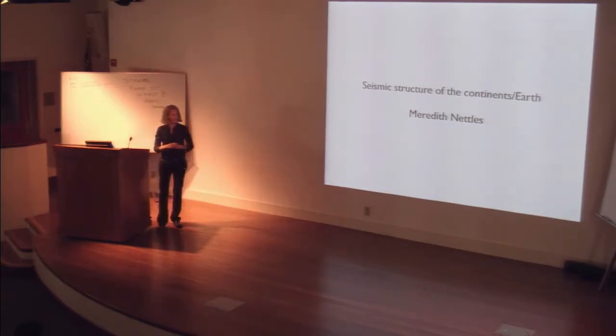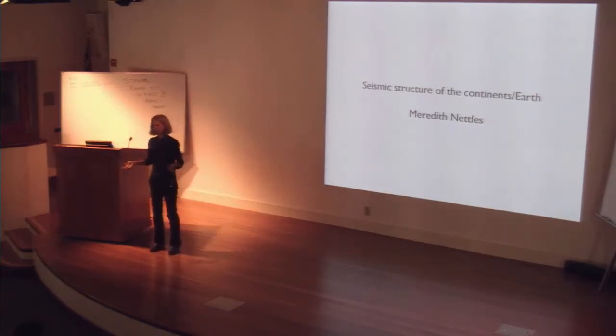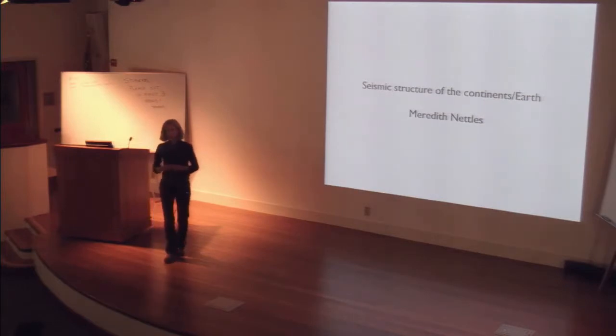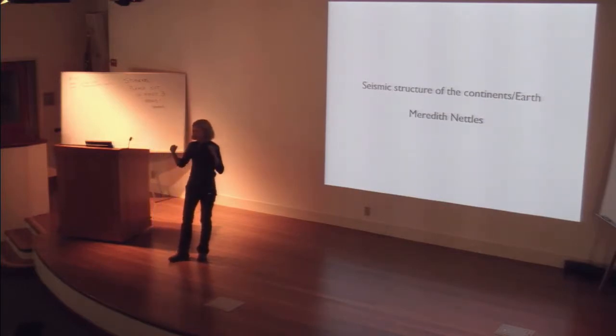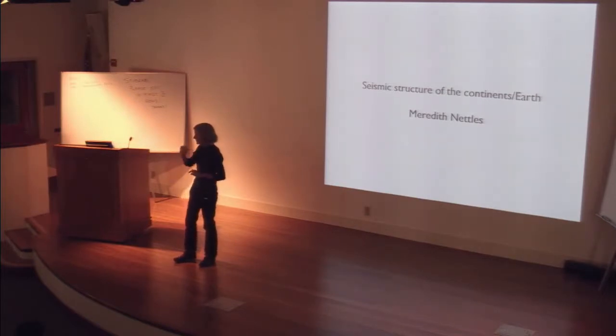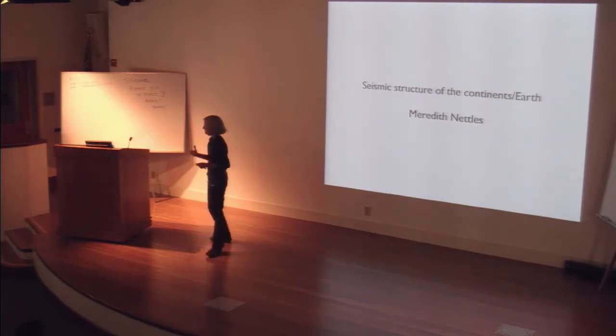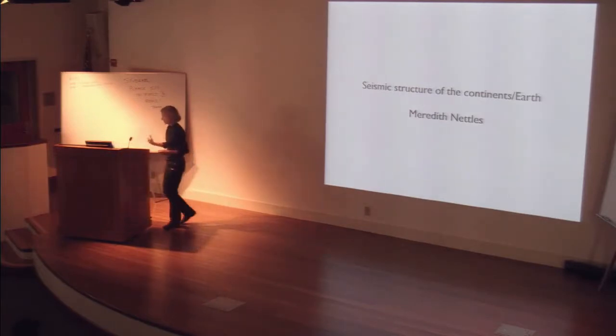So I have to say that I'm kind of a long wavelength seismologist. So when I saw that I was to talk about the structure of the continents, I thought, oh, okay, great, mantle variations and this and that. And oh, right, but then there's also the crust. For me, the continent means the mantle, but actually the crust is important too.